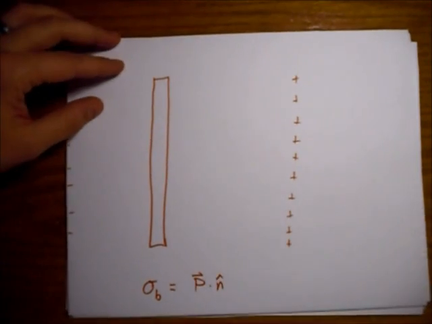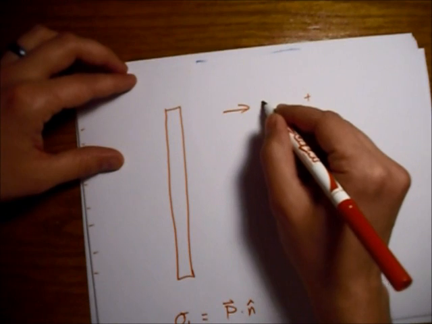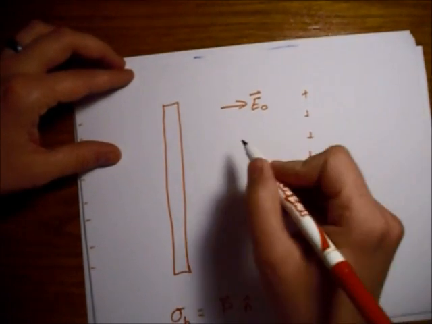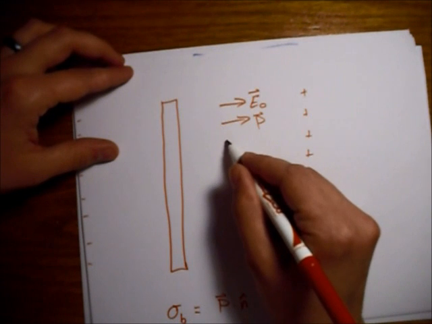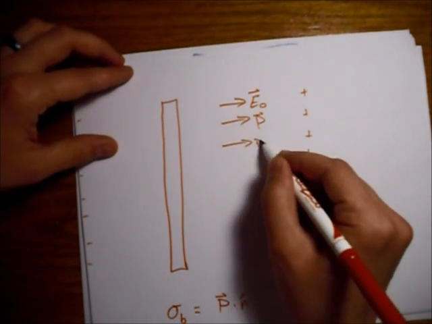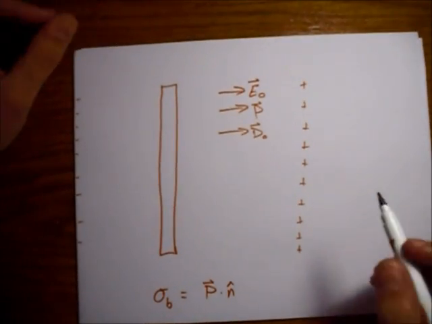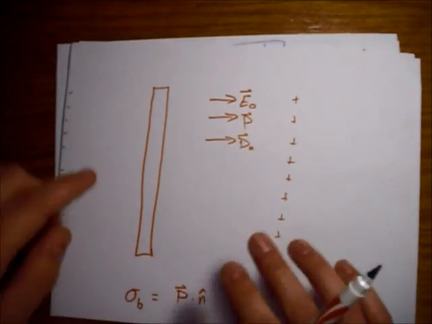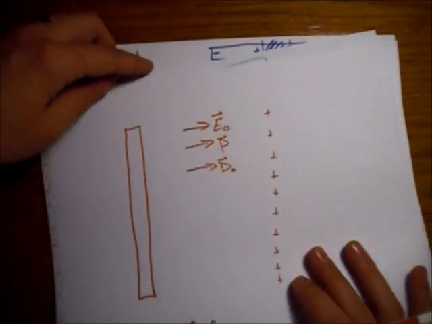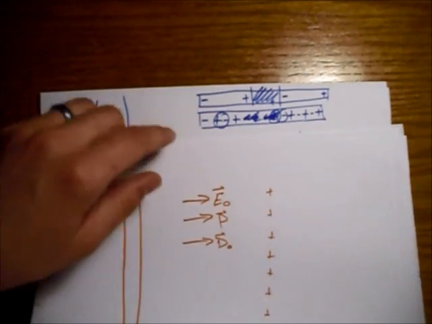We have our same old dielectric. So out here we have an electric field, the polarization out here, and our displacement. Again, this is just a long series of those lines of polarization that we talked about.